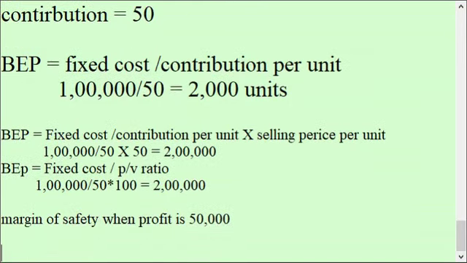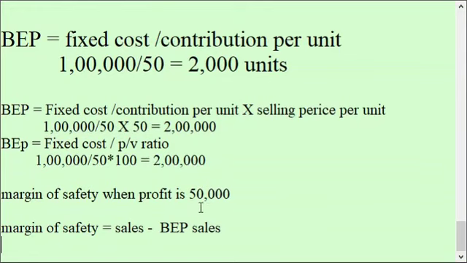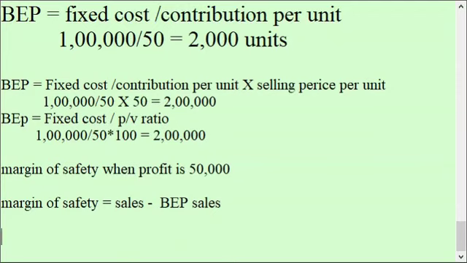But here they are asking when the profit is 50,000. Two questions are there. The formula is the same: margin of safety is sales minus BEP sales. But here they are asking when the profit is 50,000. It is an indirect question: to earn a profit of rupees 50,000, what is the sales?